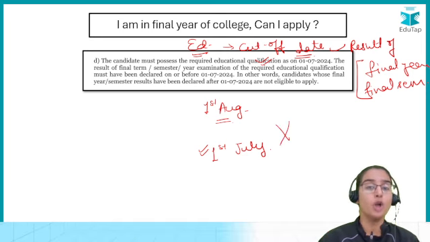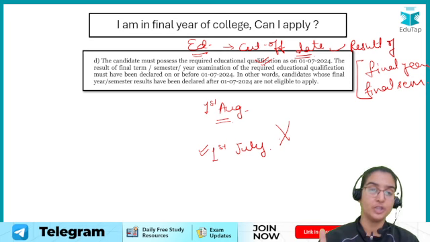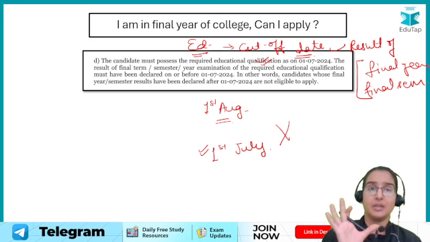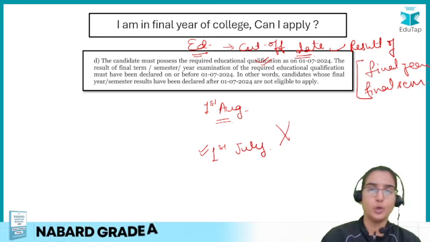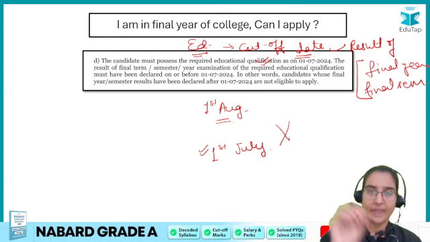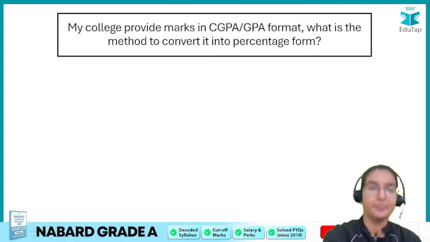Otherwise you are not going to be eligible for this particular exam, right? Now students, this was my answer regarding your question, that if you are in the final year of college, will you be able to apply or not? It depends on when the result of your final year or the final semester will be declared, right?